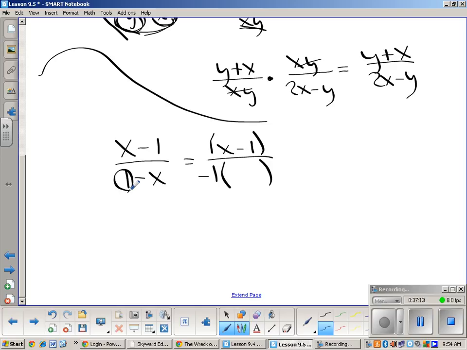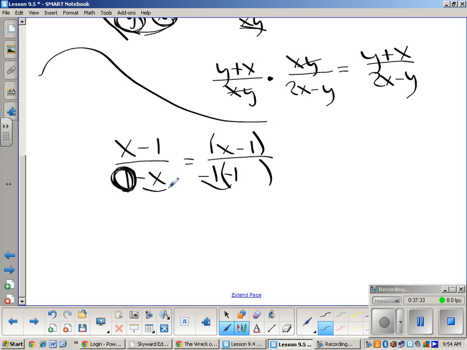Positive 1. What would this? You'd have to factor a negative 1. If I took a negative 1 out of this, I would get a negative 1. What's negative 1 times negative 1? Positive 1. That's what I started with, right?